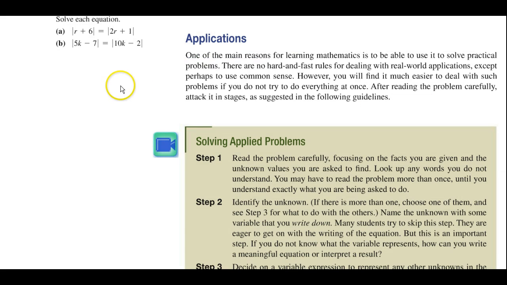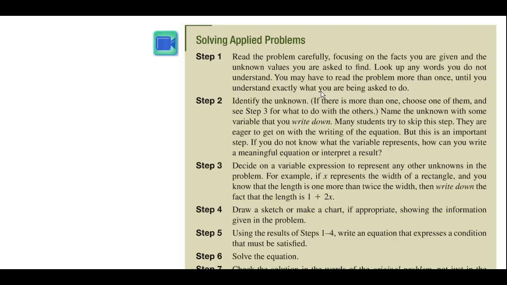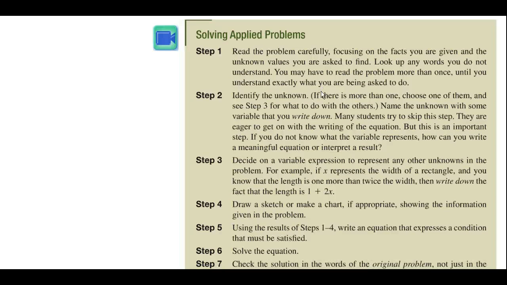Now, equations wouldn't be fulfilled in a sense unless we had some kind of applications for them. And here they're giving us a little scenario of what to do when you have a word problem.